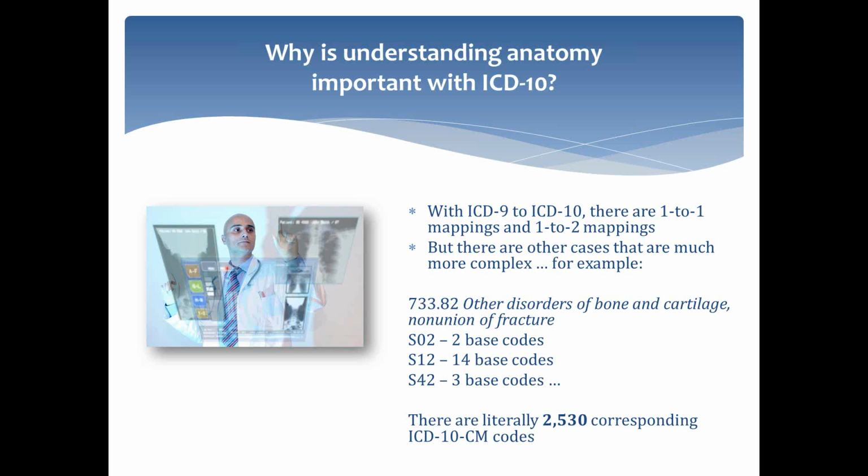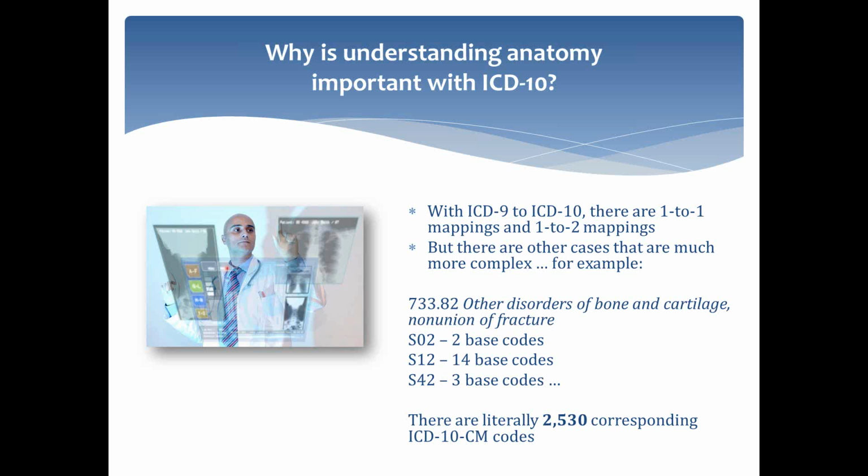And so the anatomy comes into play in those cases where there are one to multiple codes. Now, here's a worst-case example. These are some significant ones. If you look at code 733.82, which is other disorders of the bone and cartilage, non-union of fracture. When you look at the crosswalk and the mapping, that particular code maps to two codes in the S02 series, and S is the ICD-10 injuries category.